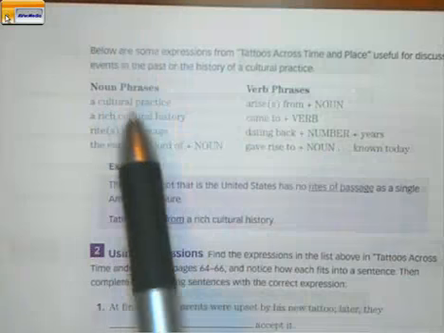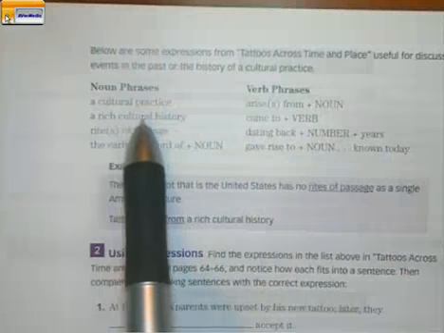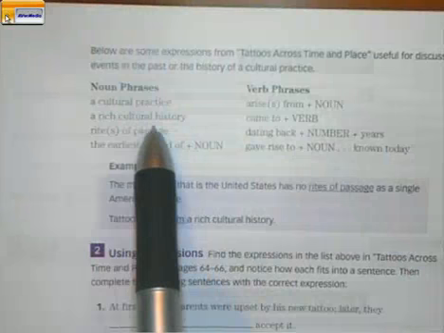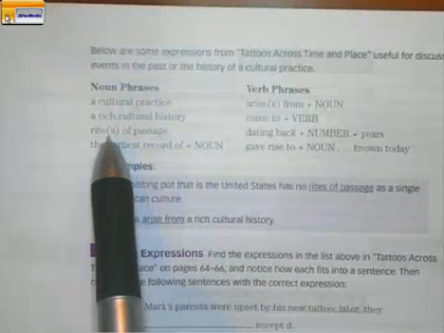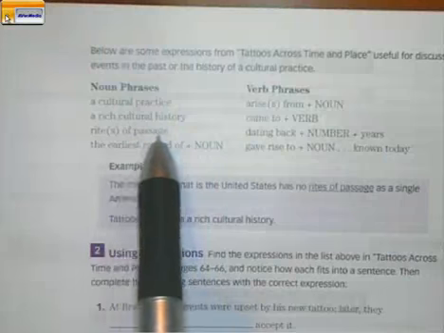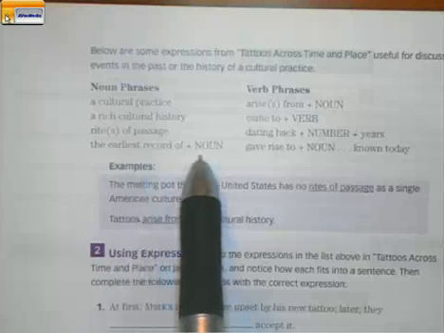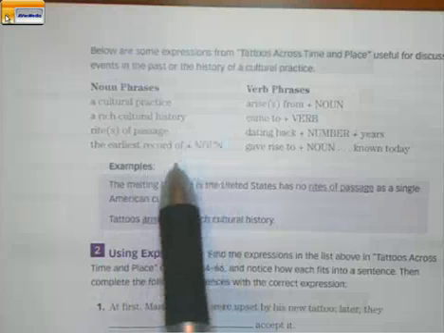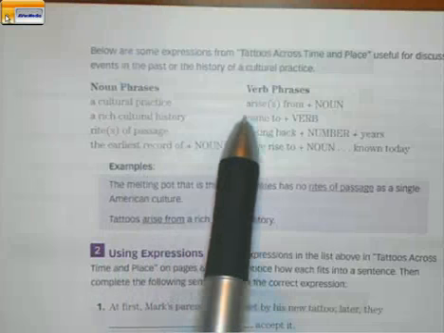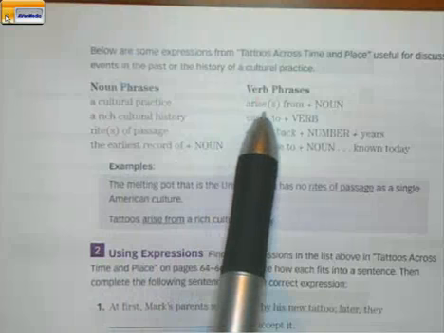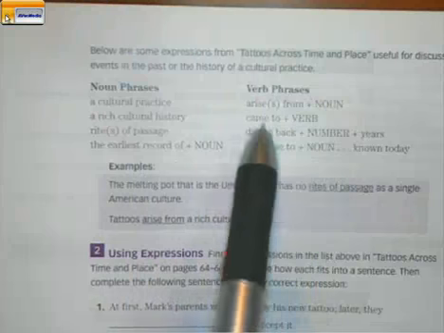So something could be a cultural practice, a rich cultural history, rite or rites of passage, the earliest record of, and then you have to follow it by a noun. Or you have a verb phrase where it says arise or arises from, and then you would have to add a noun.